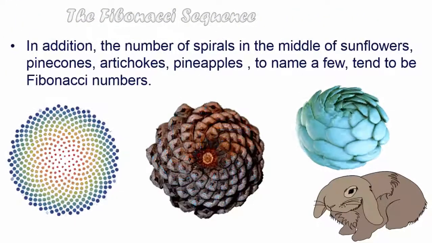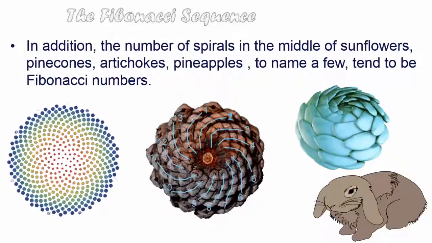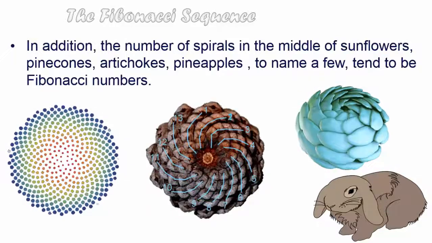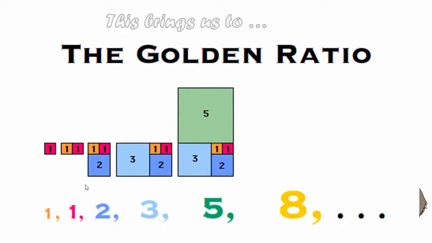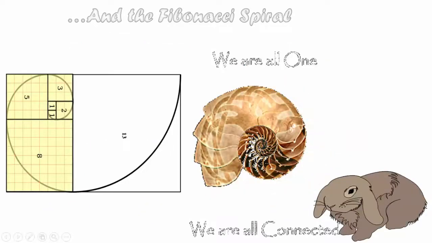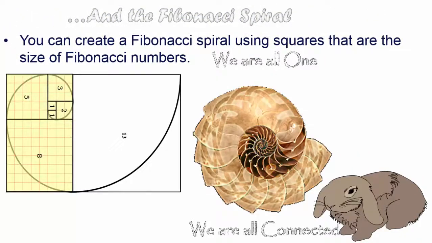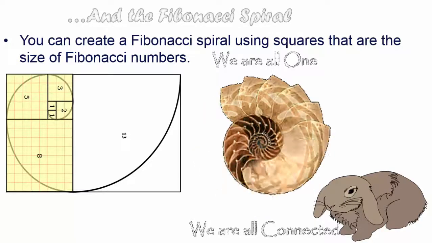In addition, the numbers of spirals in the middle of sunflowers, pine cones, artichokes, pineapples, to name a few, tend to be Fibonacci numbers. And this brings us to the golden ratio and the Fibonacci spiral. You can create a Fibonacci spiral using squares that are the size of Fibonacci numbers.